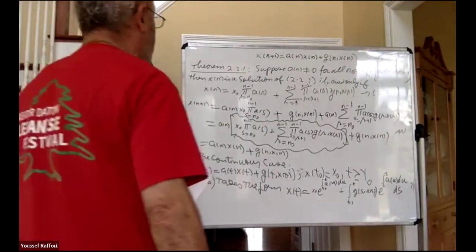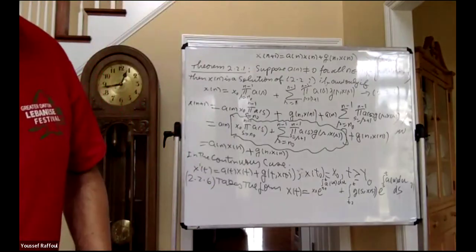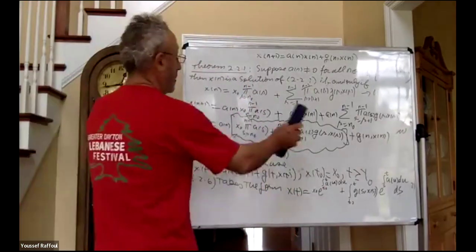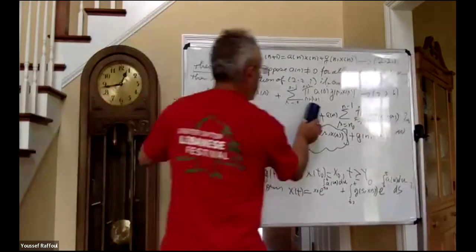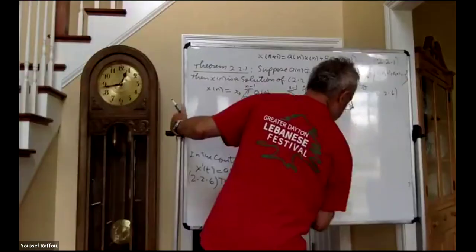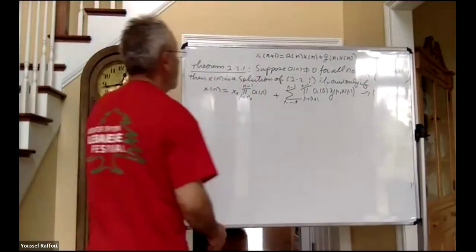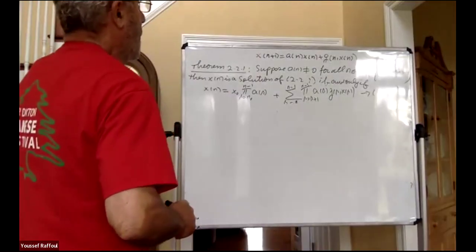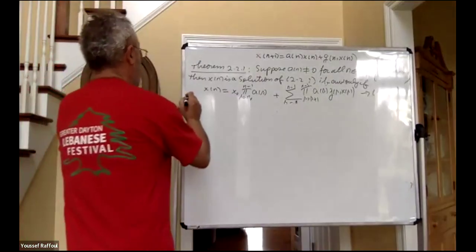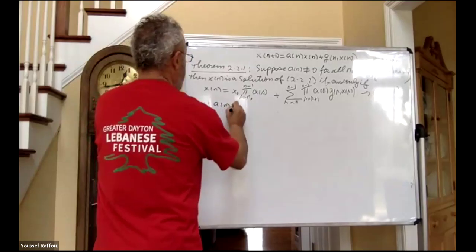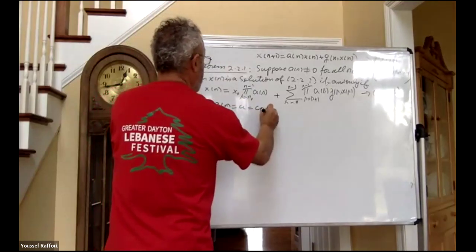Okay, so we have several cases. One case I want to go over. Case A, n equal constant.